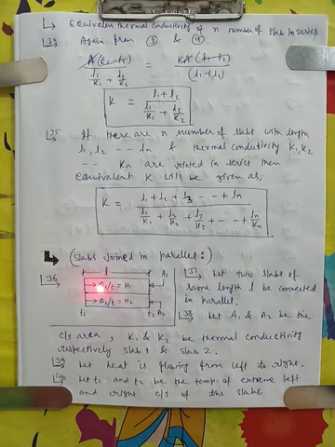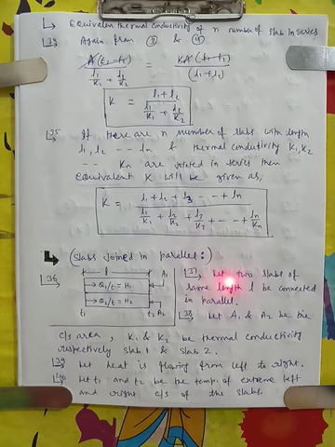So now we will see slabs joined in parallel. In the last article we saw that if slabs are joined in series, what the interface temperature, equivalent thermal conductivity, and heat flow will be.